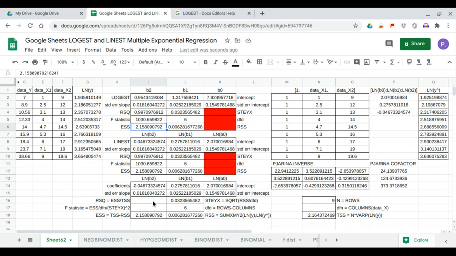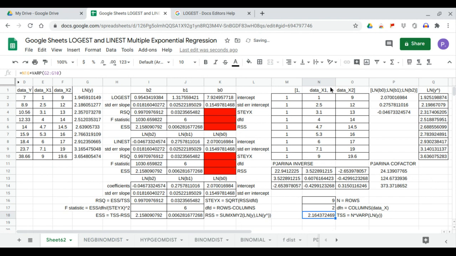And we calculate the r squared, which is equal to regression sum of squares divided by total sum of squares. And this matches our LINEST and LOGEST output. Now we can calculate the F statistics. But before we do that, we calculate the degrees of freedom of the numerator, which is equal to the columns of the data x, meaning independent variables.